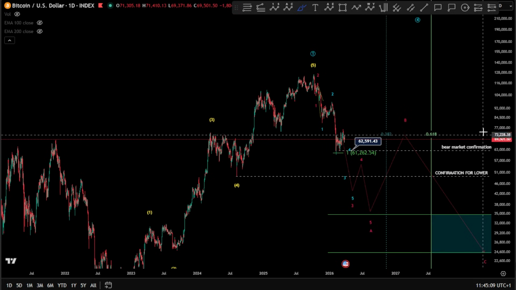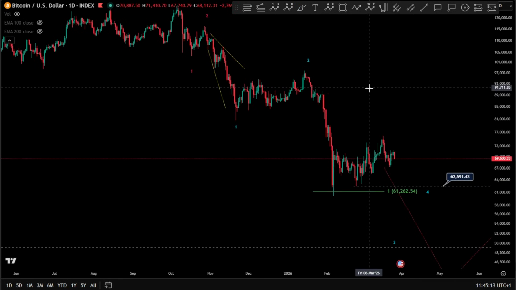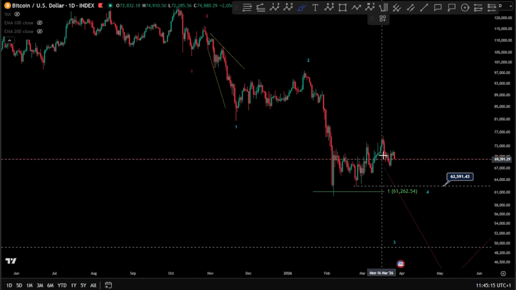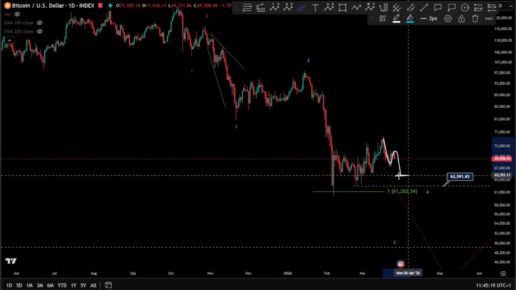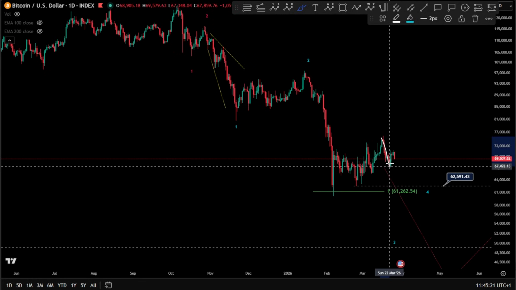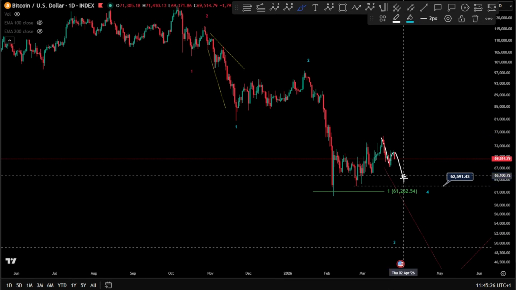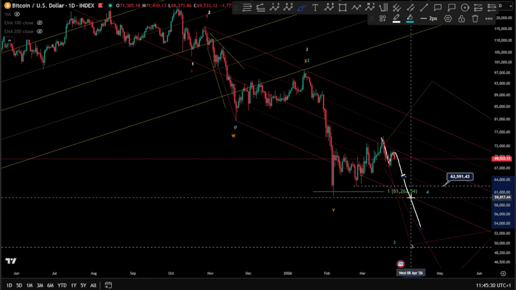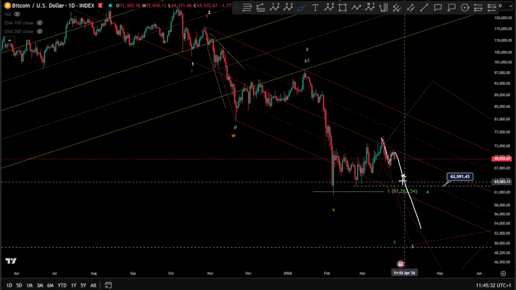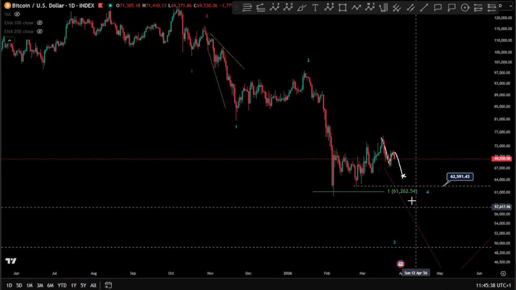The deep bear market is still possible, but we need much stronger evidence. Meaning, I would like to see a 1-to-1 level broken here. If we are in an ABC, I would like to see this 1-to-1 fib level broken, and we dive deeper, especially to break the base channel there. This is a confirmation that we are in a bear market again, especially the 62K 591.